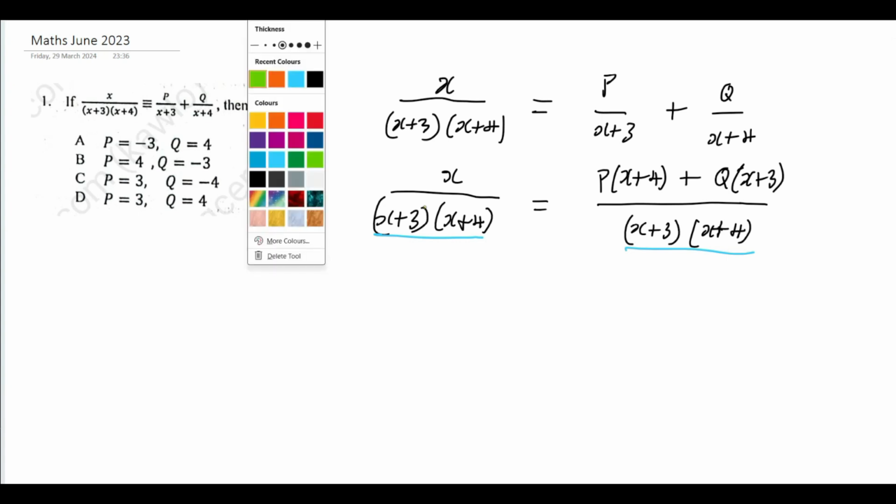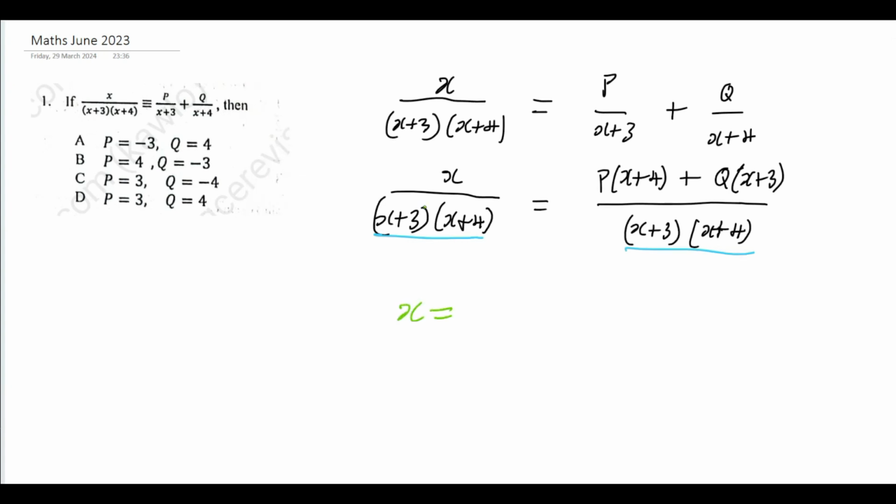So meaning that our x here should also be equal to P into x plus 4 plus Q into x plus 3. That's basically what this means. And if you want to take that into context, cross multiply, you notice that this will cancel with this, and there will be no need for you to assume. When it cancels, you are left with just this.